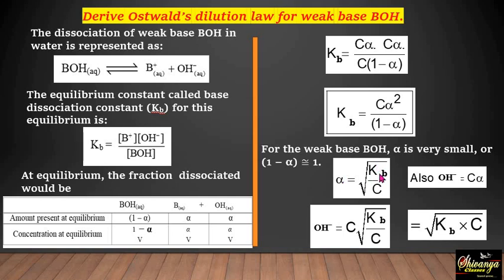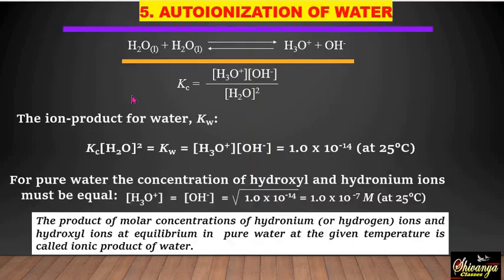Alpha is equal to under root of Kb by C, where alpha is equal to OH- divided by C, and the equation becomes OH- is equal to C times under root of Kb by C, which is under root of Kb multiplied by C. So this is the formula for Ostwald's dilution law for the weak base BOH.